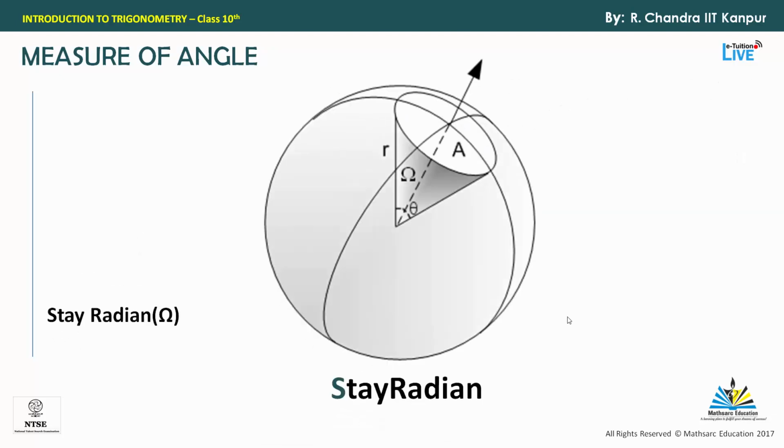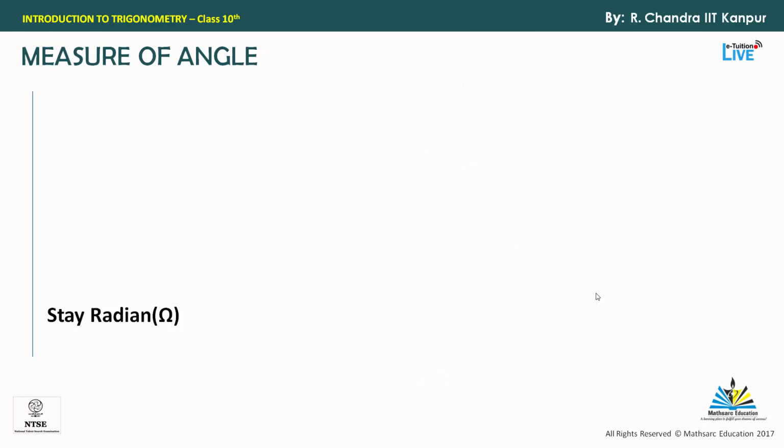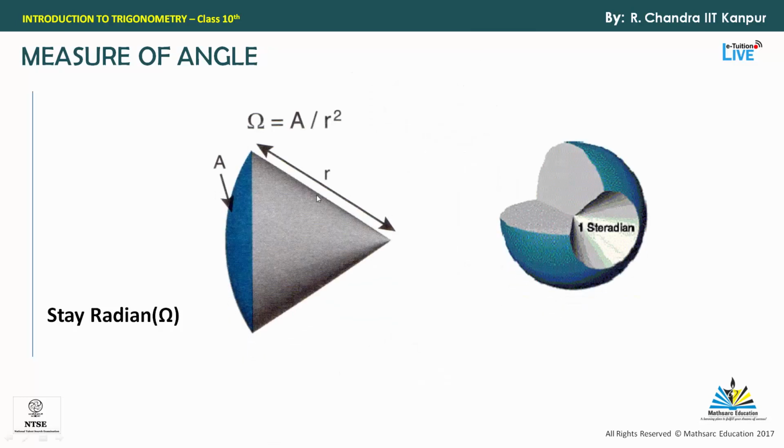Now, next we have steradian, and this is the angle that measures solid angle. Here you can see we have a ball and its center is here, and the solid angle is represented by omega. Now what is a steradian? Let's see in another figure. As you can see, I have taken a sphere and cut a cone from here.